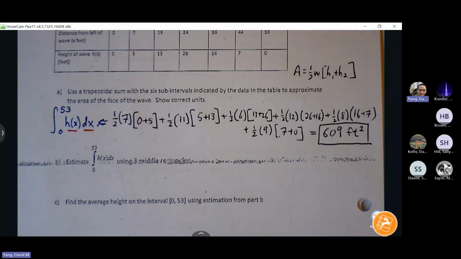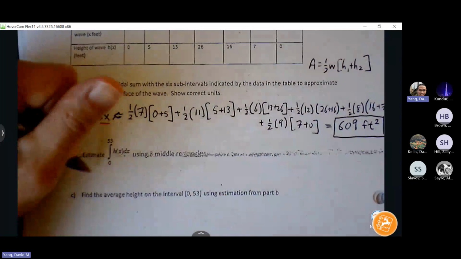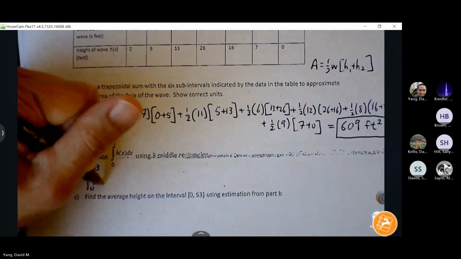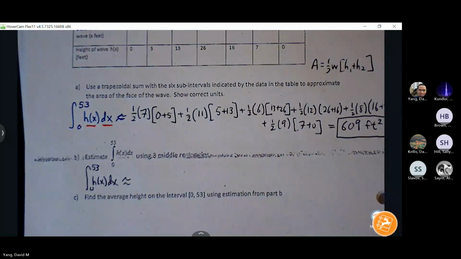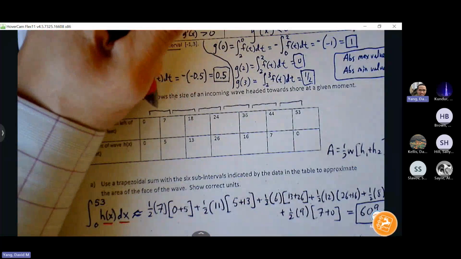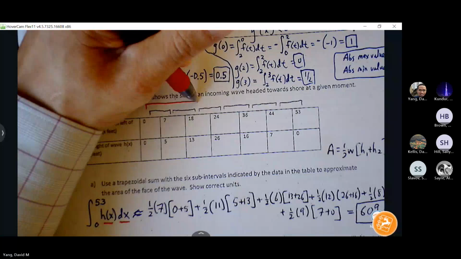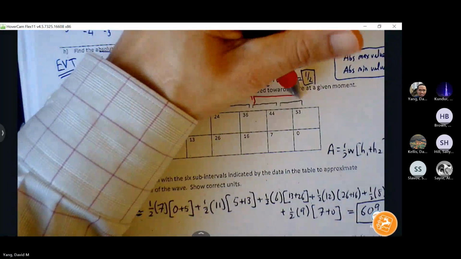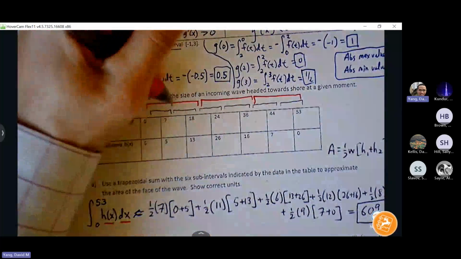Part B, estimate the definite integral from 0 to 53 of h of x dx using 3 middle rectangles. Okay, so 3 middle rectangles here. I'm going to see if I can space this out here. Well, every 3. 18 minus 0, that's a width of 18.